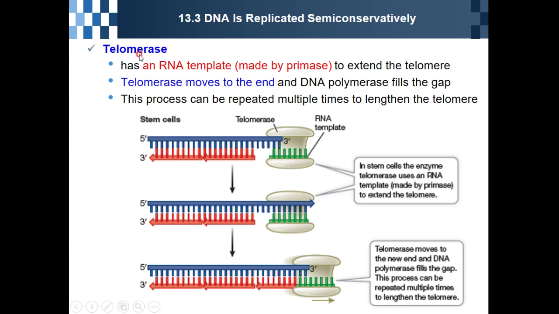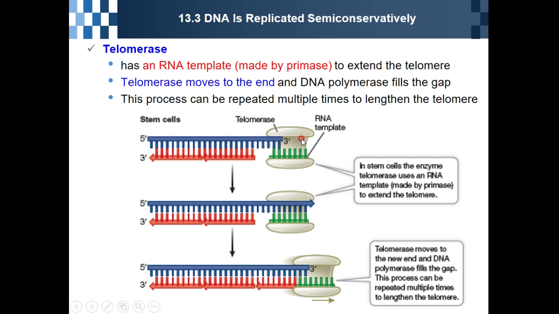So telomerase, at the end of the lagging strand, telomerase binds at the end. The telomerase itself has an RNA template. Because it has an RNA template, DNA can be replicated from 5' to 3'.